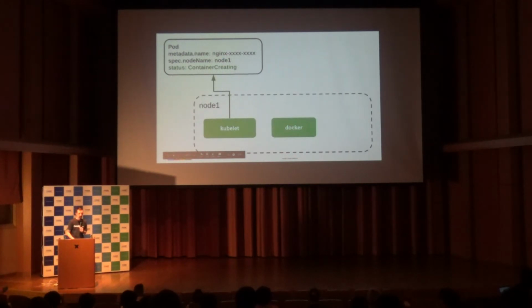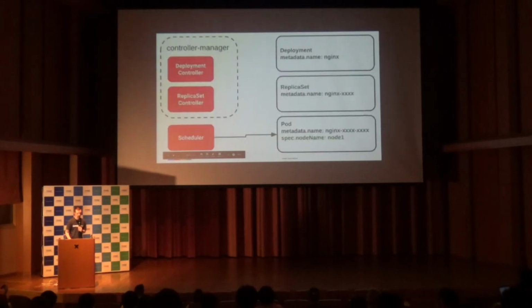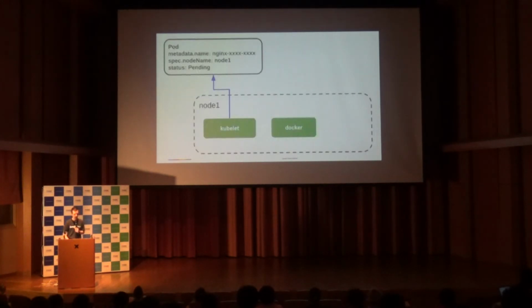So it updates the status and then tells Docker to download and run the Nginx container. And once Docker says that it's running, it updates the status for our pod. So you can see that we had 4 different controllers that were part of our workflow to deploy an actual application: the deployment controller, the replica set controller, our scheduler, and our kubelet, all working together to deploy an application.